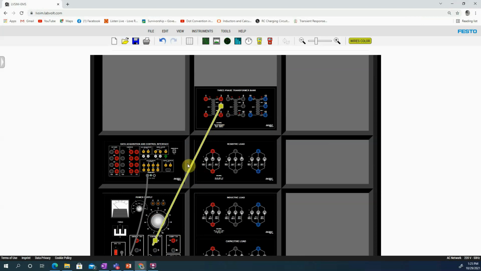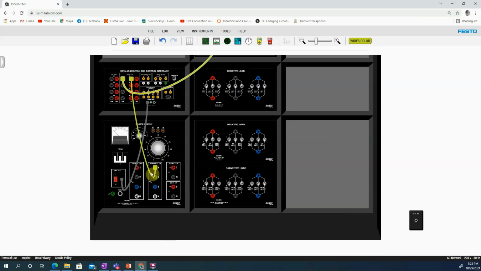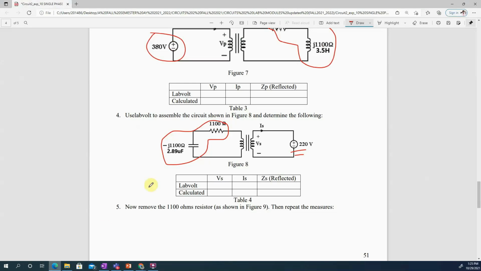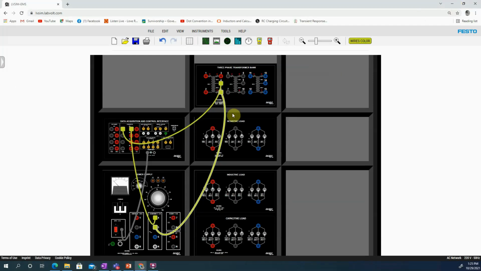Okay, we are not measuring the current. We need to measure the current. So we will just go from here, going to I1 positive and I1 negative into here, and we will put 220 from here going there. And our load is what? It is a series combination of 1100 and J1100 minus J1100.